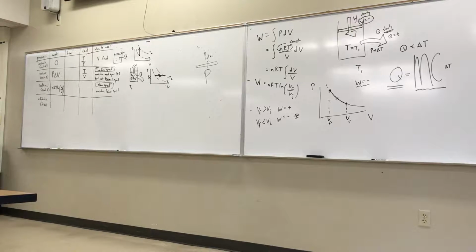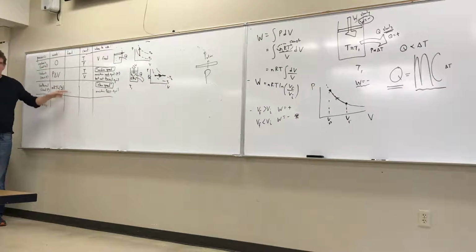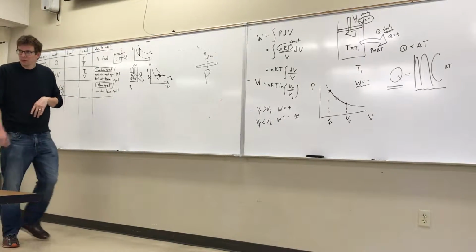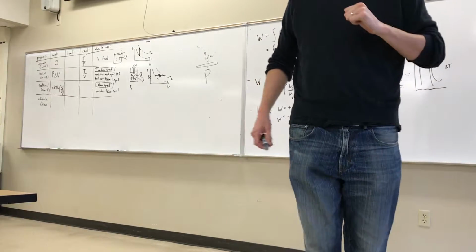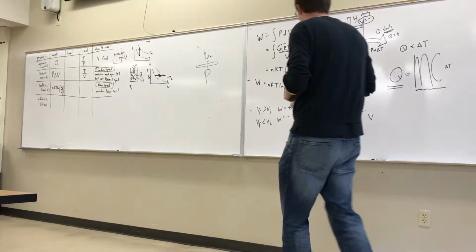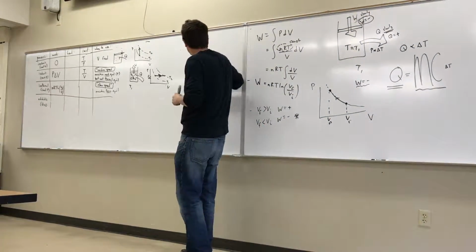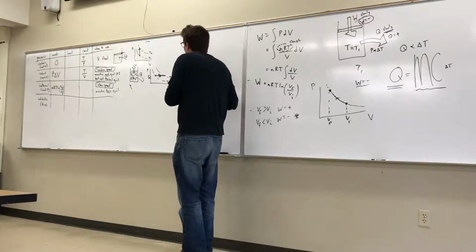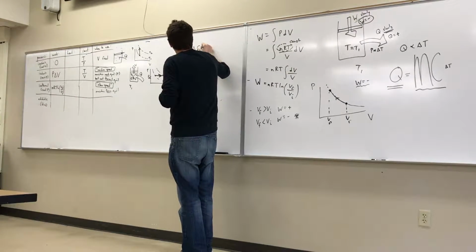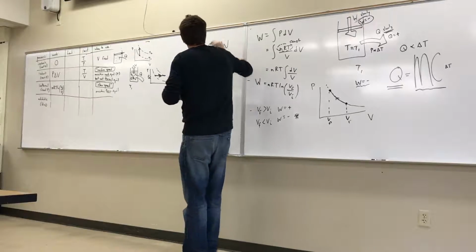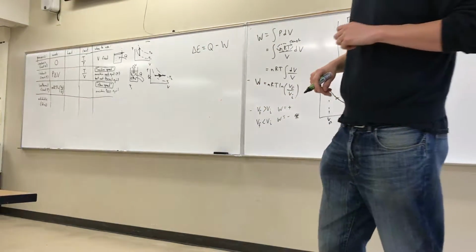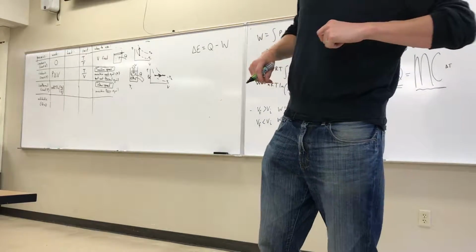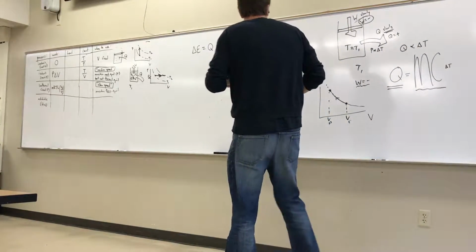Now, this is actually one of the rare cases where I can fill in what the heat is. I've introduced this column. It's exactly the same as on your formula sheet. What would be the heat? Well, we pull out our first law of thermodynamics, which says there's two ways to change the internal energy of a gas. One is by heat, one is by work.